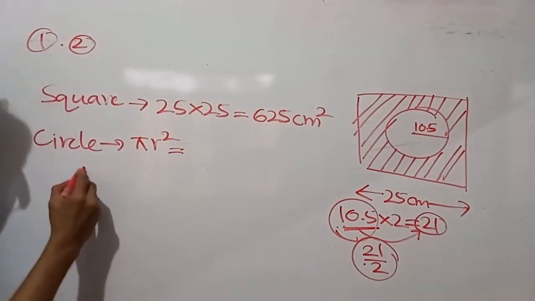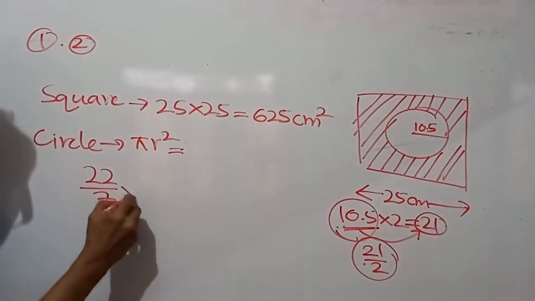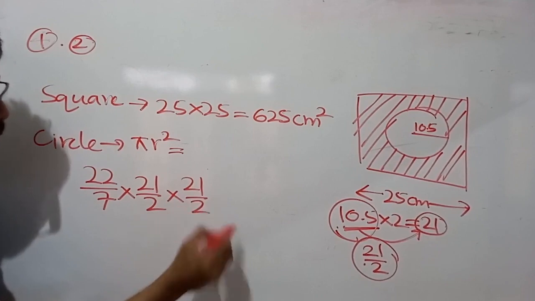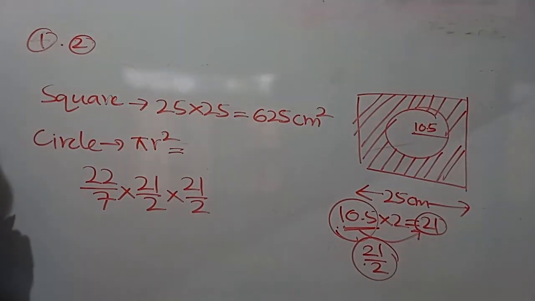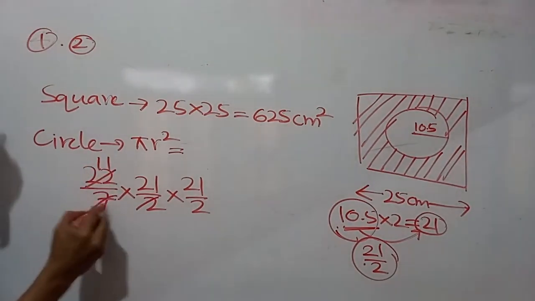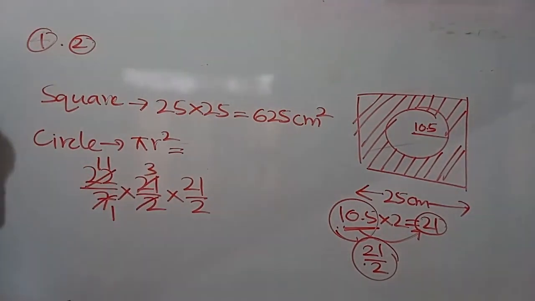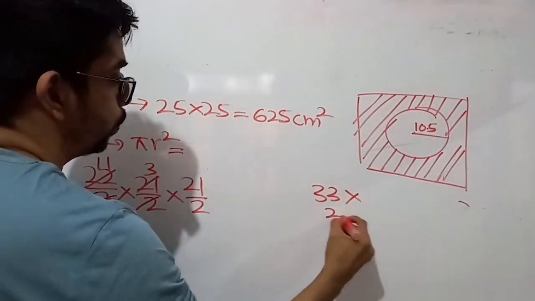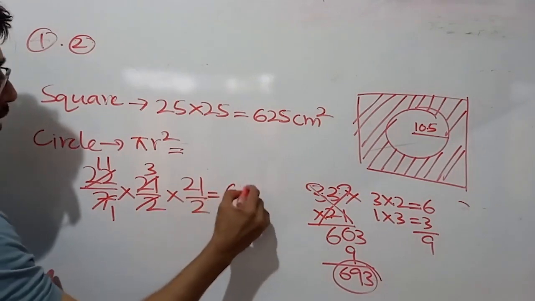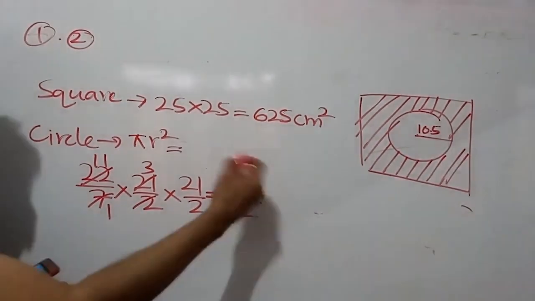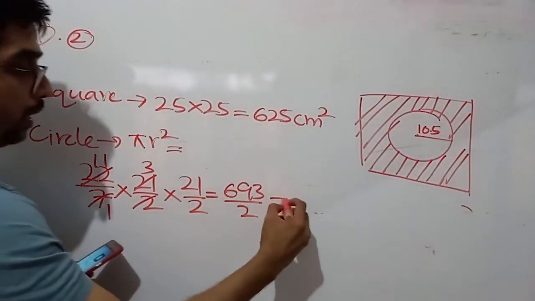So 22 by 7, 21 by 2 times 21 by 2. දැන් මෙතන මොකද කරන්නේ? So we can cancel out this 7 times 1 and 7 times 3. So here we have what? 33 into 21. So this is 693 divided by 2. එතකොට මේ ගාන අපි ඉස්සෙල්ලා divide කරා මේකම right කලින් ගානක.